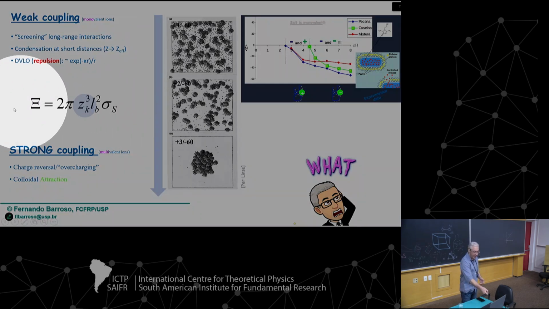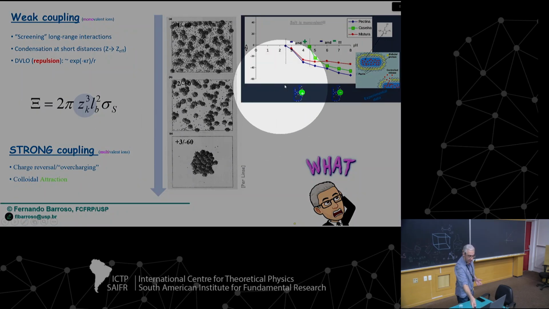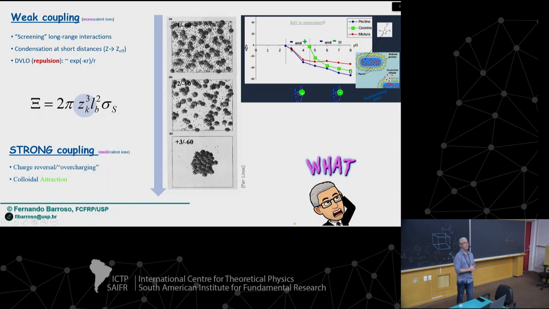So the coupling parameter is 0. And according to the electrostatic coupling theory, it should be the weak coupling, so it should be a repulsion. But they observe attraction.